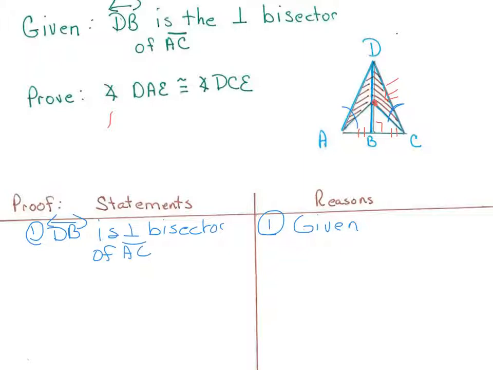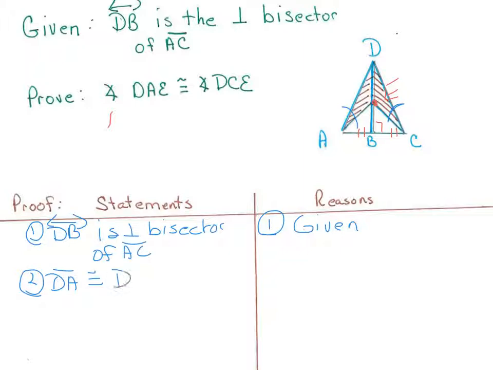Okay, so we're told that line DB is a perpendicular bisector. So D, E, and A all lie on the perpendicular bisector, right? What does that tell us then about segment DA and segment DC? They're equidistant from the endpoints, so they are congruent. Right, so for step 2, we could say that segment DA is congruent to segment DC.